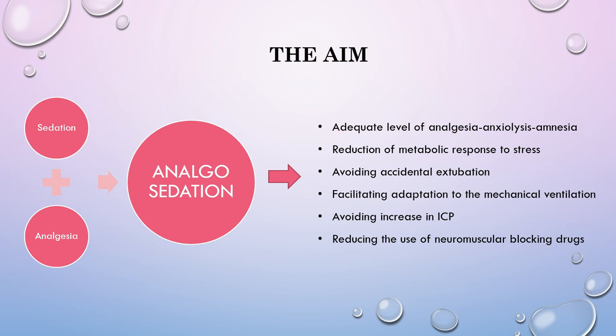In patients that need intubation and mechanical ventilation, it is to facilitate the adaptation to mechanical ventilation, thus reducing the use of neuromuscular blocking drugs, that we need to avoid in intensive care unit most of the time, not all the time, and to avoid accidental extubation that can improve our patient outcome.